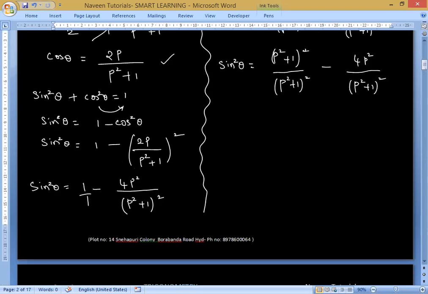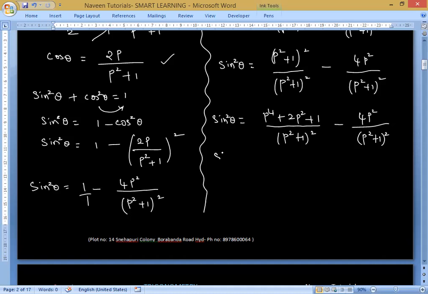Now I will expand (p square plus 1) whole square, in the form of a plus b whole square, a square plus 2ab plus b square. So sin square theta is equal to p power of 4 plus 2p square plus 1, by (p square plus 1) whole square, minus 4p square by (p square plus 1) whole square. The denominators are same, (p square plus 1) whole square.